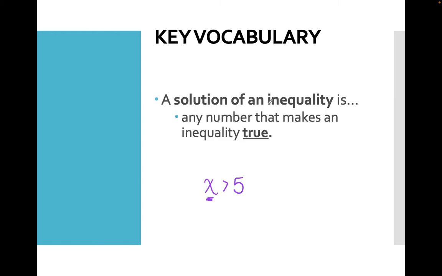In an inequality, there are actually an infinite number of possible solutions, because we are looking at how many numbers exist that are greater than 5. Well, there are an infinite number of numbers bigger than 5. When we look at an equation, we're saying x equals 5. That's it. Nothing else. X has to be 5 to make it true. But with an inequality, there are infinite numbers that can make that statement true.